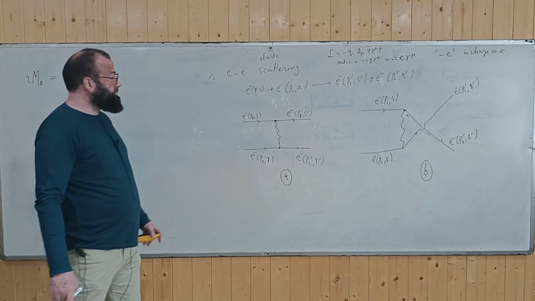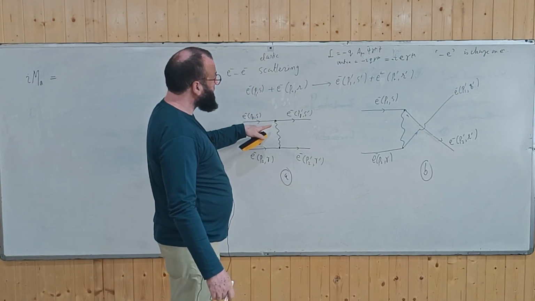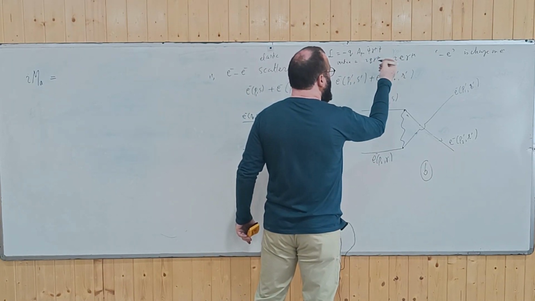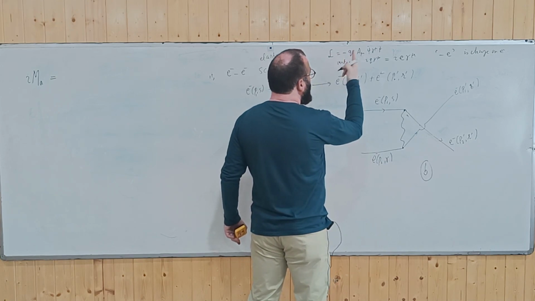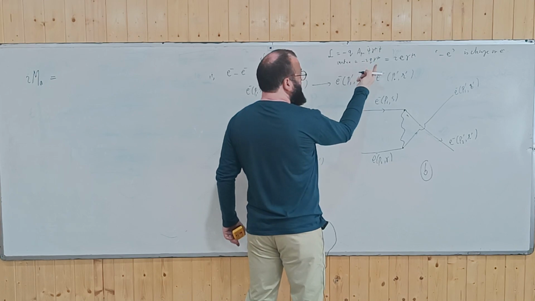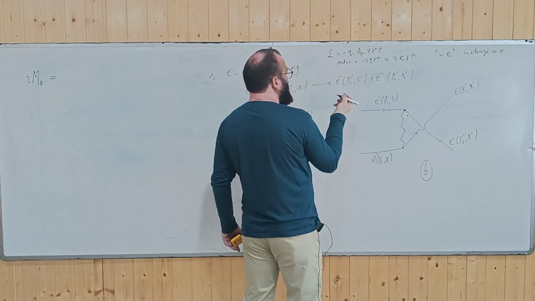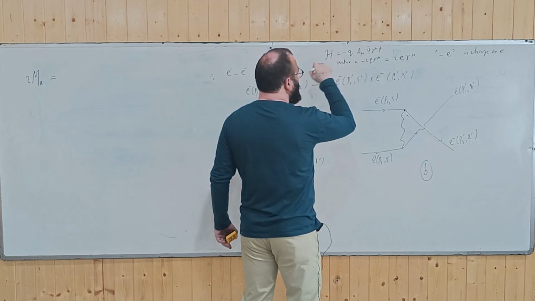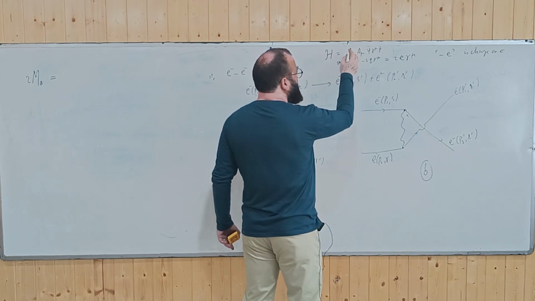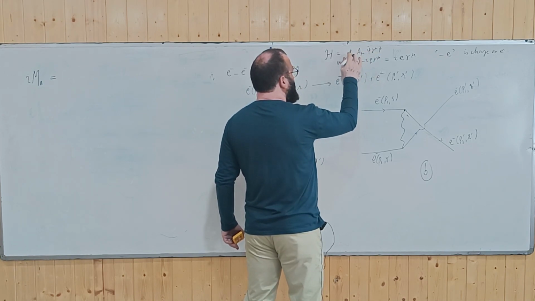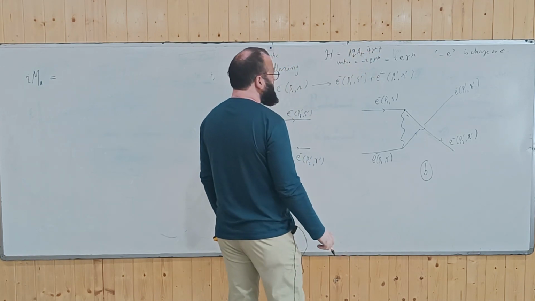Now what do I have to put here? Sorry, it will be minus, because we have to look at the Hamiltonian. The Hamiltonian will be like this, Q times this.